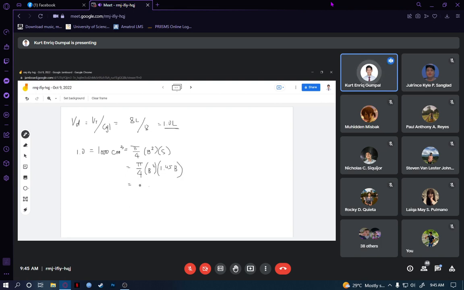So that becomes pi over 4 times 1.45B cubed, equivalent to 1,000. Now, if you get your B, the answer becomes 9.576. You should have gotten that. And to get your stroke, that is 1.45 times 9.576, which is equivalent to 13.88.